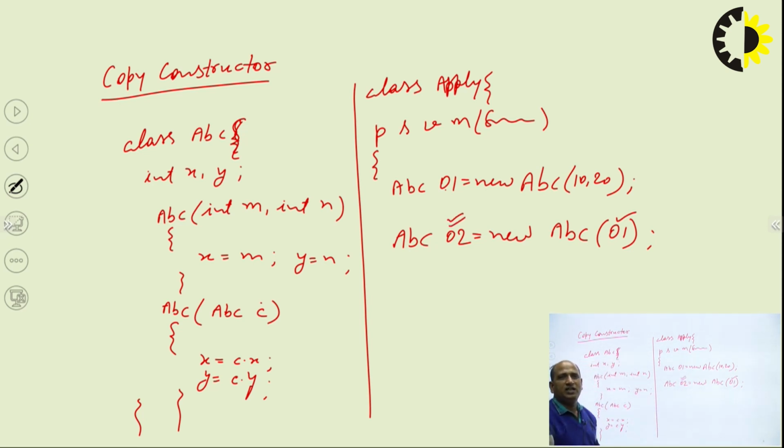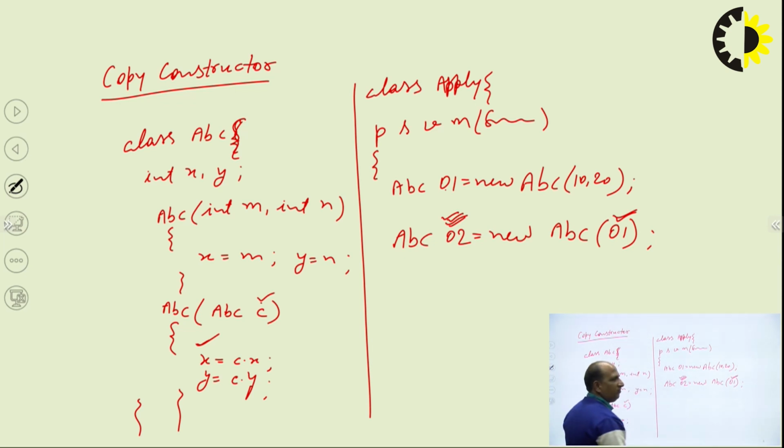We can see that the same value of x that was assigned to o1 will be assigned to o2 also, because o1 has been passed as the argument, means ABC c contains o1. So o1 and o2 x values will be the same.